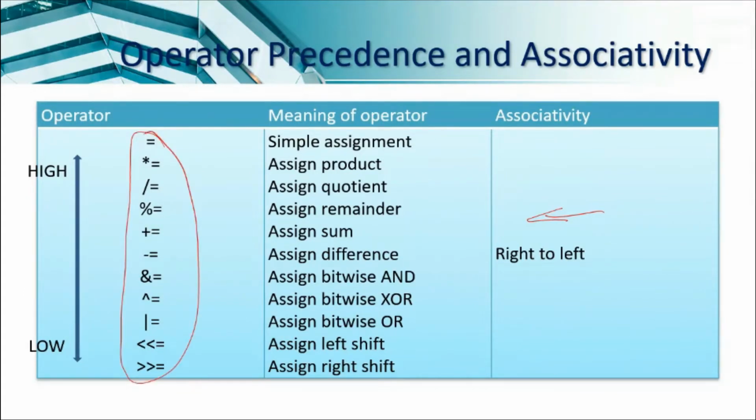We have seen all the assignment operators in the previous class, and these have the same precedence. Mostly more than one assignment operator doesn't come together in a single expression, but in some rare cases it may, and in that case the associativity is from right to left. So the rightmost assignment is done first, then the next rightmost, and so on, up to the last, where the leftmost assignment is done.